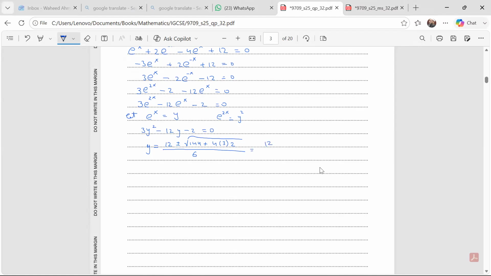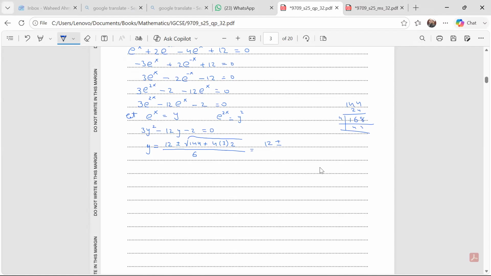So 12 plus or minus, this is 144 and this is 24, which will become 168.